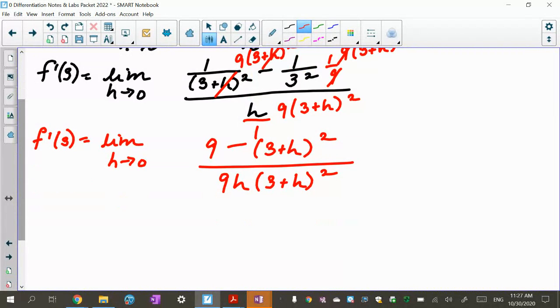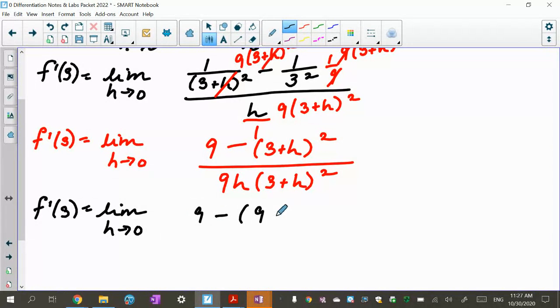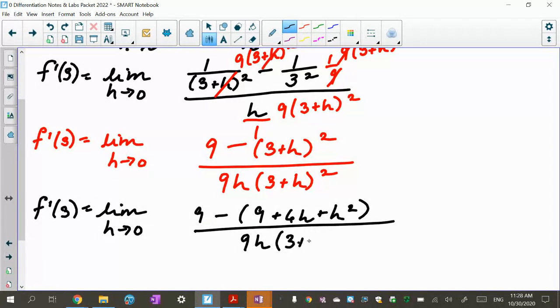So let's go through and do our algebra. F prime of 3 is the limit as h approaches 0 of 9 minus, this is 9 plus 6h plus h squared, all over 9h times (3 plus h) squared.